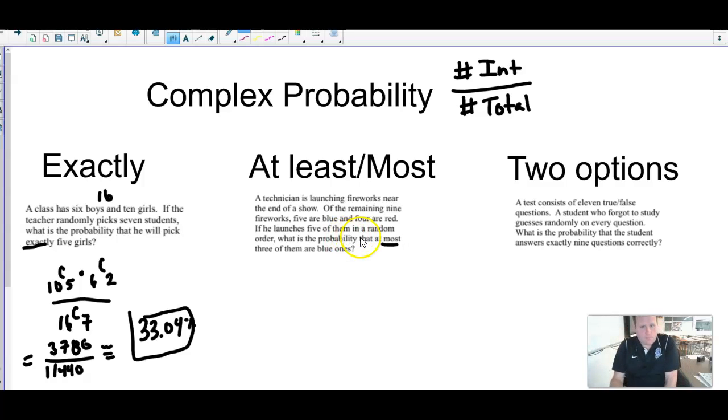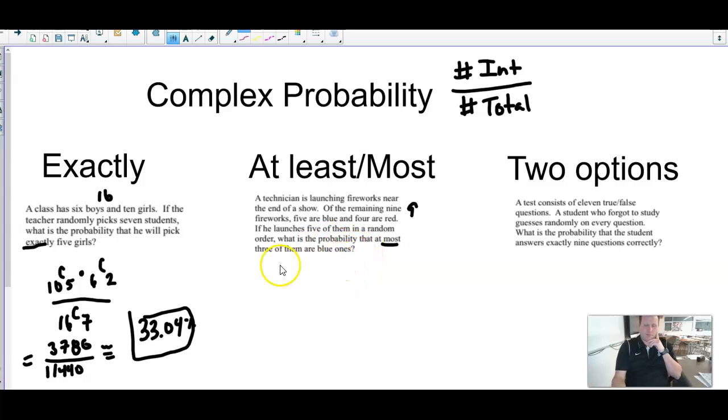Okay, the at least or at most is similar, just a little bit different because I have to take into account different cases. So I'm going to look at this one. This is fireworks that are being launched. I have 9 total fireworks, 5 of them blue and 4 of them red. I'm going to launch 5 of them in a random order.